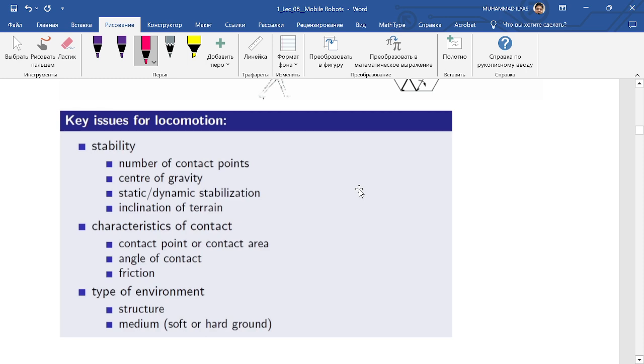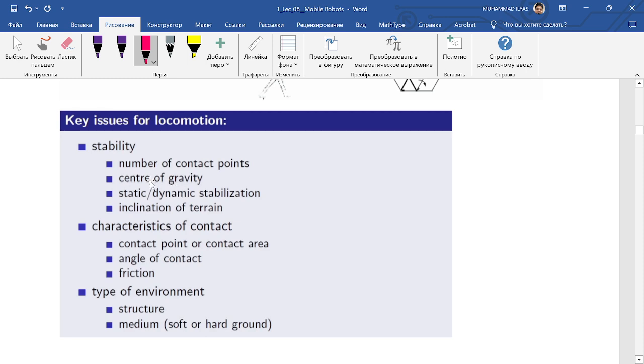Depending on what type of locomotion we have designed for our robot, we can figure out that the stability of the locomotion of our system depends on the number of contact points with the ground we have. For example, when we talk about the wheel, a wheel has only one contact point on the ground at a time, right?